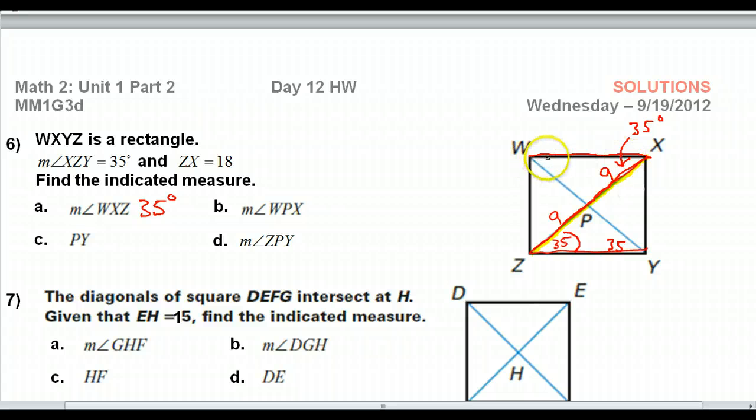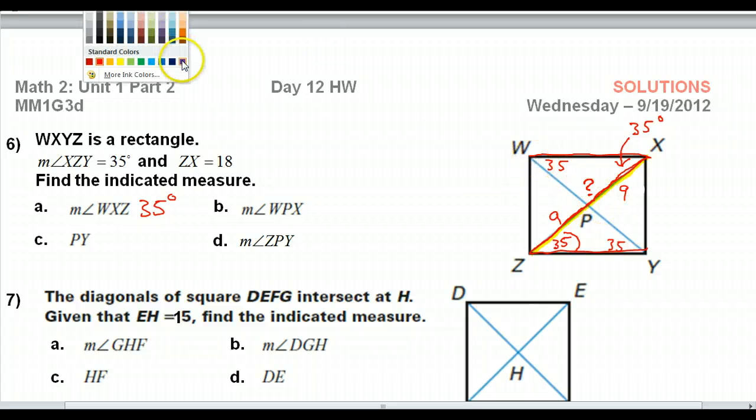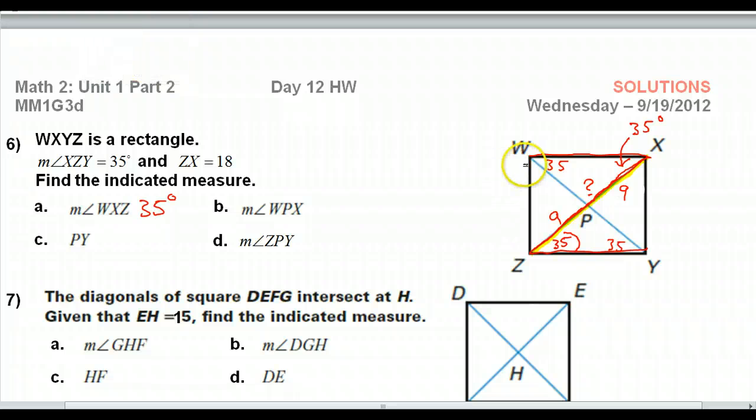If this is 35 degrees, this is going to be 35 degrees. So because of that, let me move this 9 for a second. We're supposed to find WPX. Put my 9 down here. So we're supposed to find this angle right here where I just put a question mark. All right, because that is WPX.